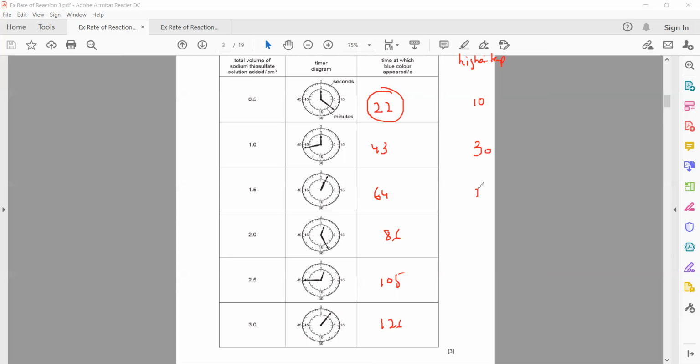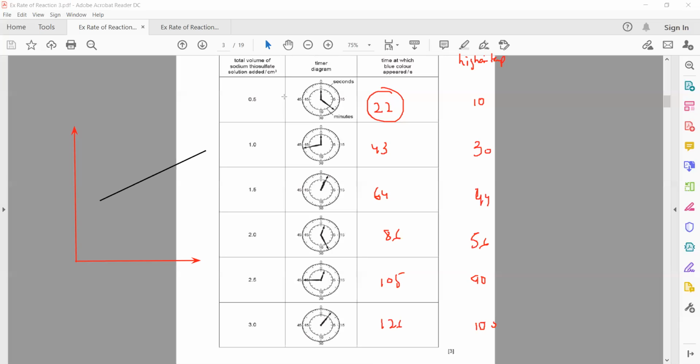This will take, for example, 44 seconds, this will take 56 seconds, this will take 90, and this will take 100. When you plot your results for the first graph, it comes out like this.